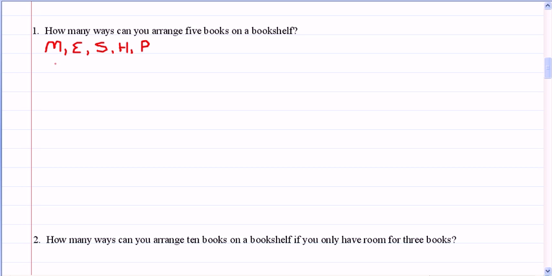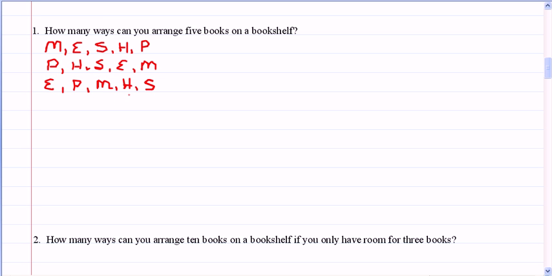You can arrange the books in this order on the shelf: math, English, science, history, psychology. But you could also reverse the order to psychology, history, science, English, and math. That's a completely different arrangement. Or you could completely mix it up all together and have English, then psychology, then math, then history, and then science.